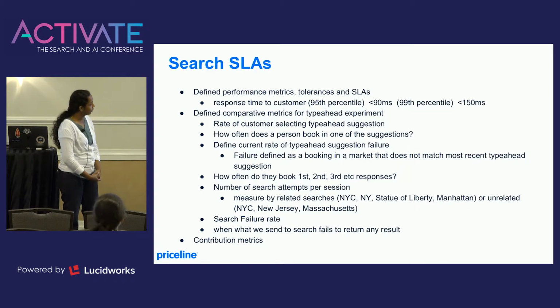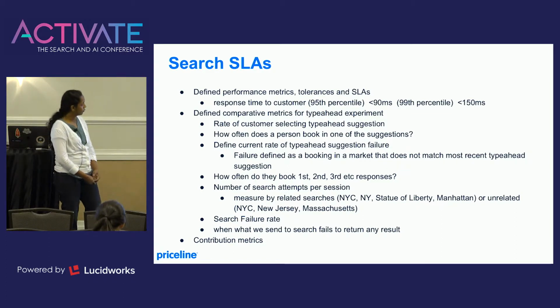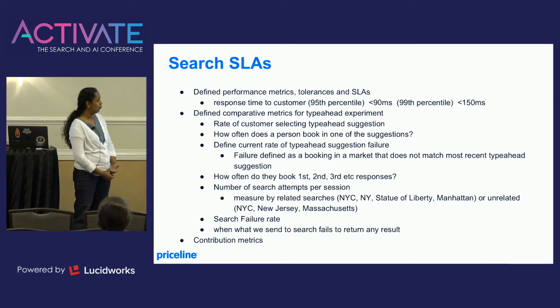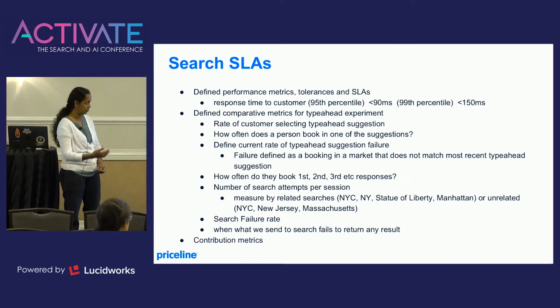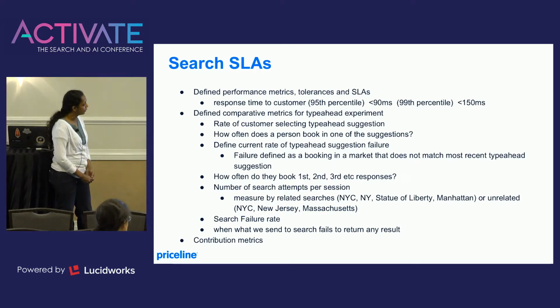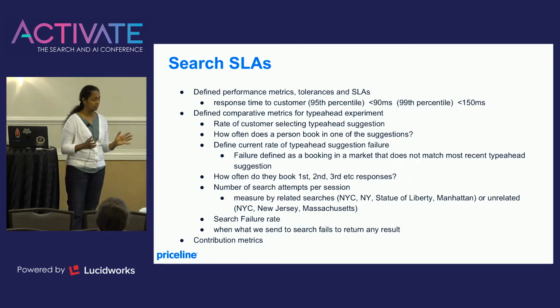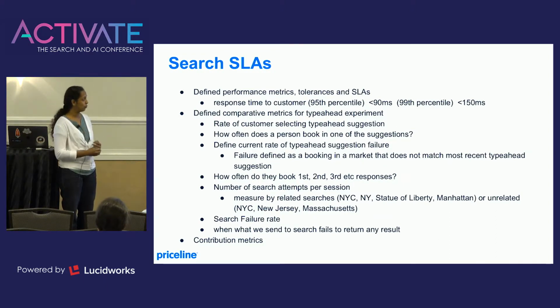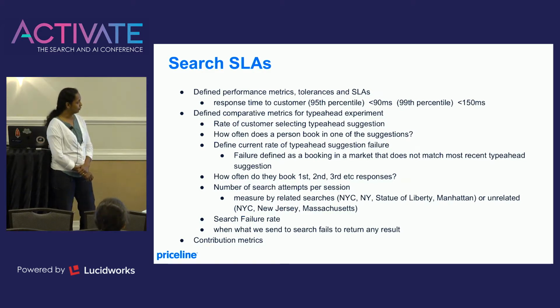And then we also take care of how many attempts of suggest or search he tried in one visit to the website. We also look at, of course, the failure rates and queries that fail to return any result. Surprisingly, there are queries that don't return any result, because sometimes the spell check component is fed something with too many misspellings, and then those do happen.